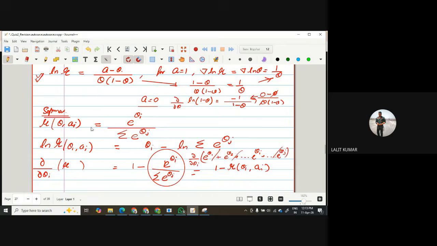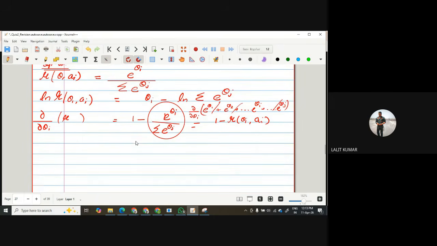But when we are doing this for theta I and AI, we will also update theta j. So for theta I, the update rule is theta I plus alpha into r minus baseline, into 1 minus pi theta I AI. This is 1. Now we have to update theta j also, the other thetas.